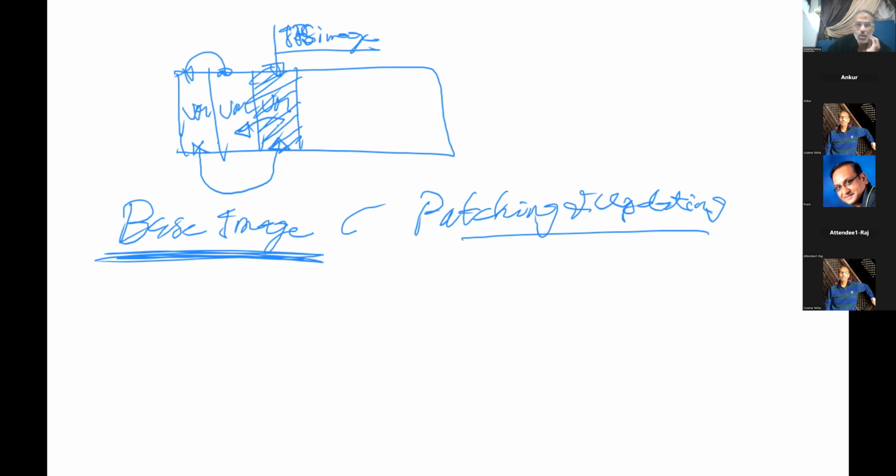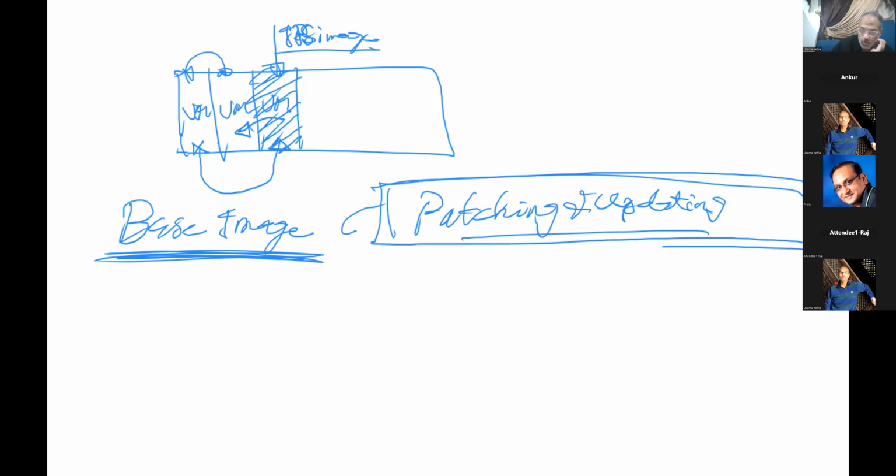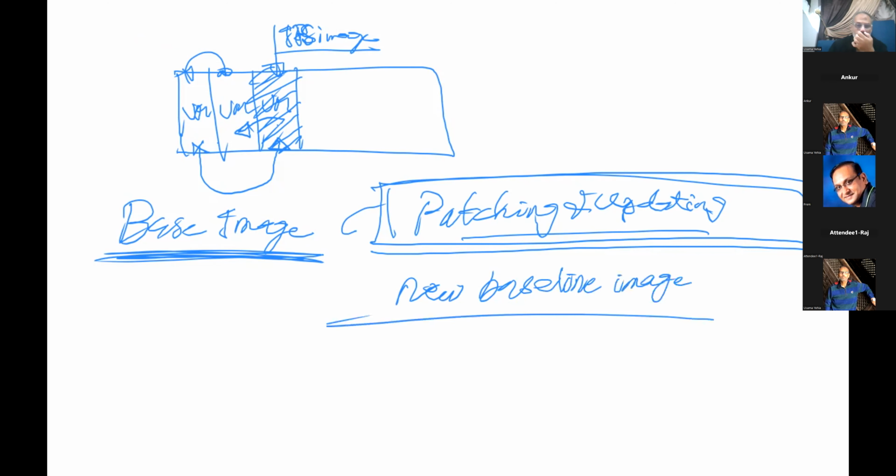And as we explained, patching and updating will be very practical if you update the baseline image. If you create a new baseline image, this will be very easy.